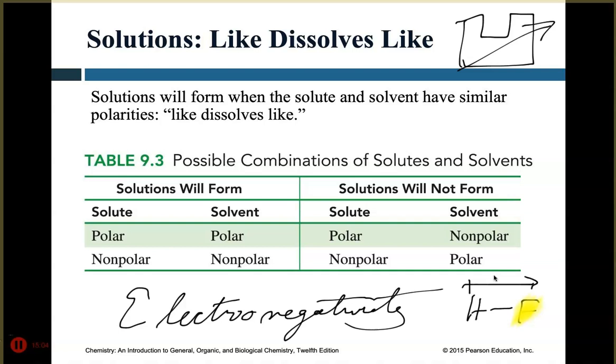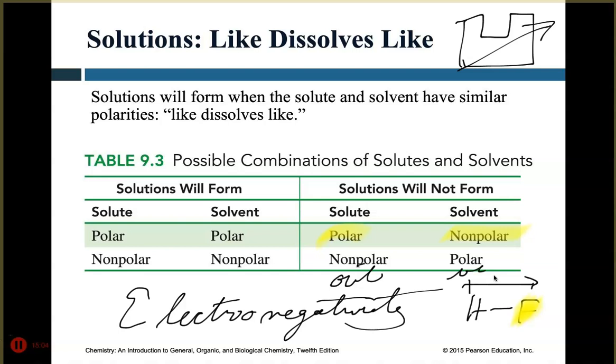So, if something is polar, the solute, it's going to dissolve in a polar solvent. If something is nonpolar, it will dissolve in a nonpolar solvent. If we have conflicts, like a polar and a nonpolar, they will not mix. An example: a nonpolar solute might be oil.